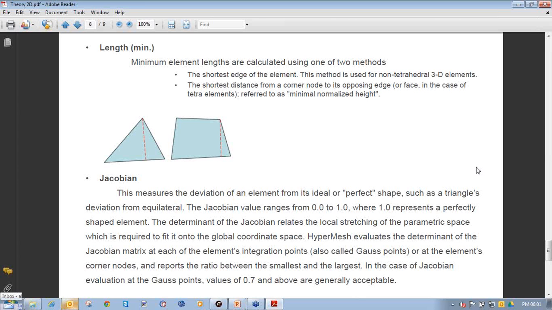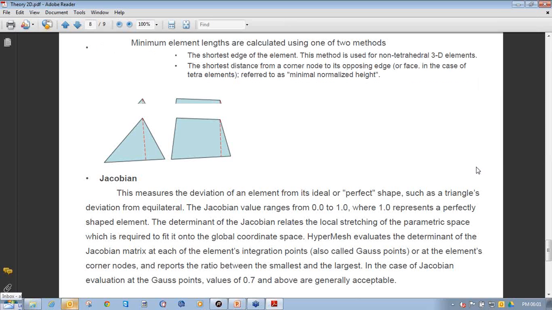Jacobian. This measures the deviation of an element from its ideal or perfect shape, such as a triangle's deviation from equilateral. The Jacobian value ranges from 0 to 1, where 1 represents a perfectly shaped element.